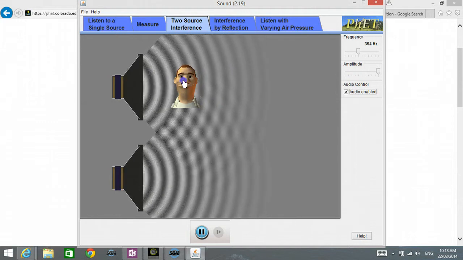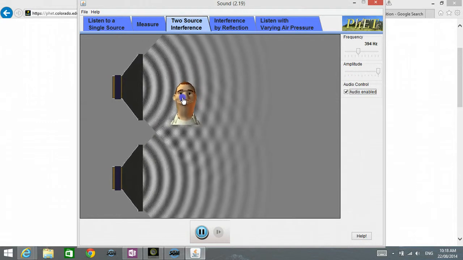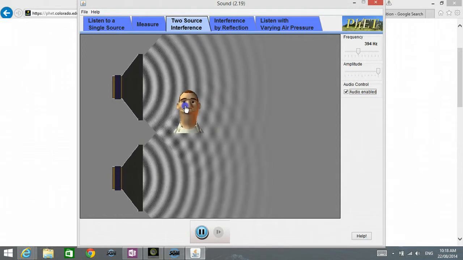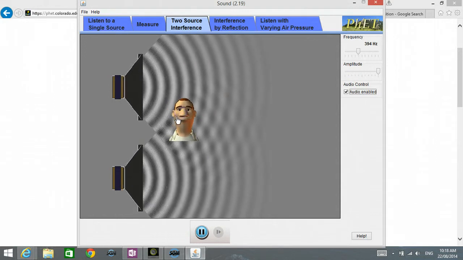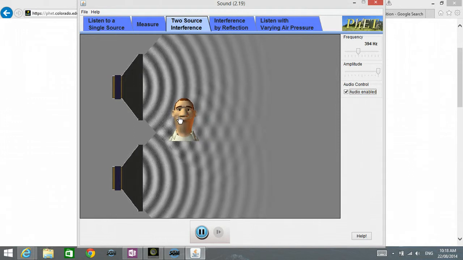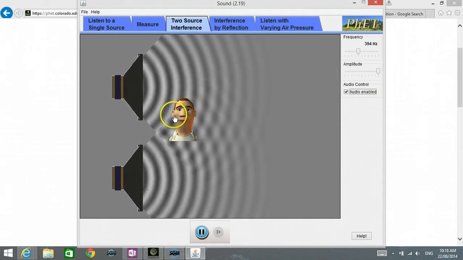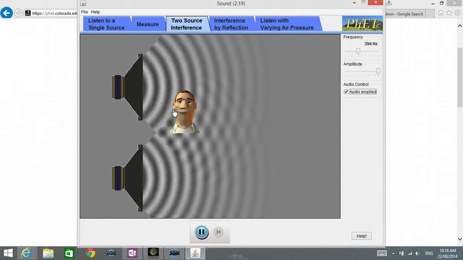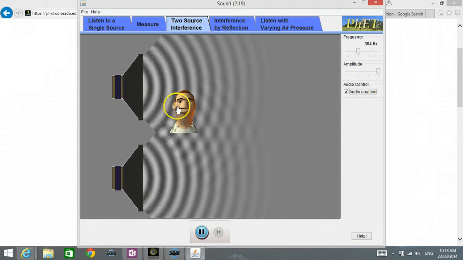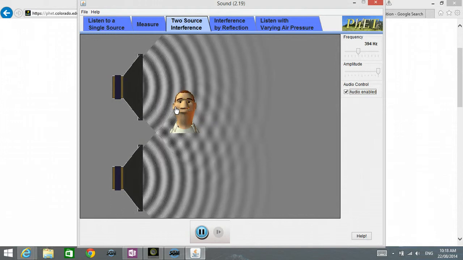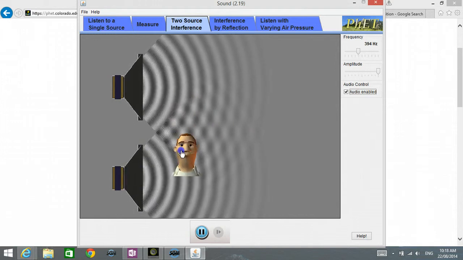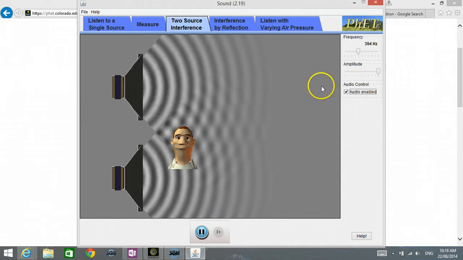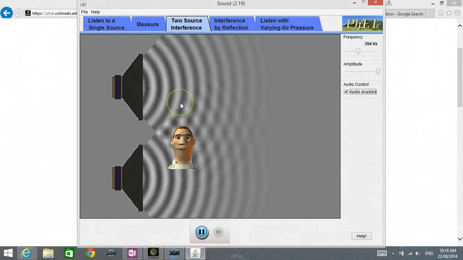So I hear low sound. If I move it to here, at this position I hear more sound. There's constructive interference at this position. And low volume at this point, so destructive interference occurs. Okay, that's it.